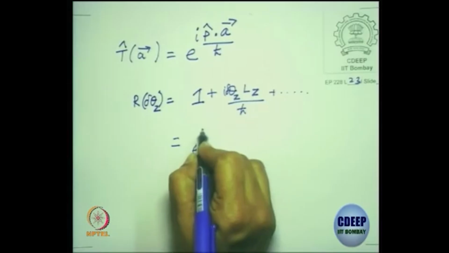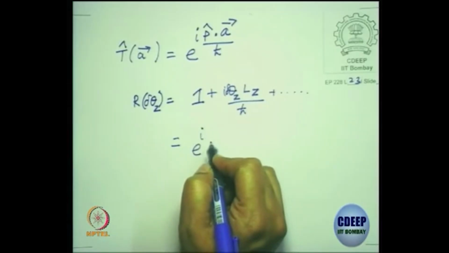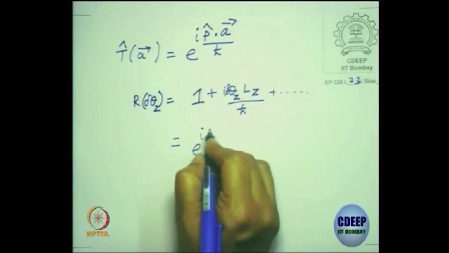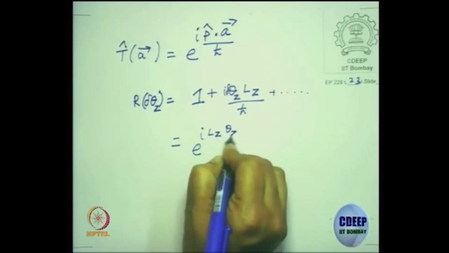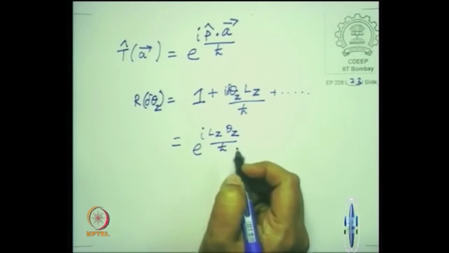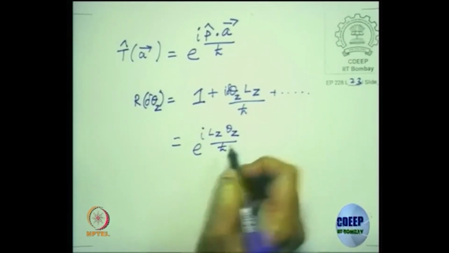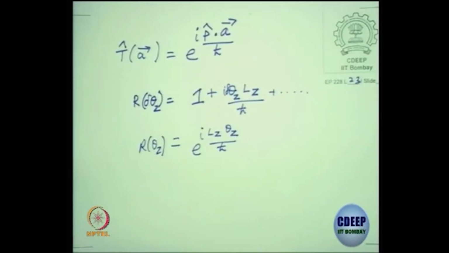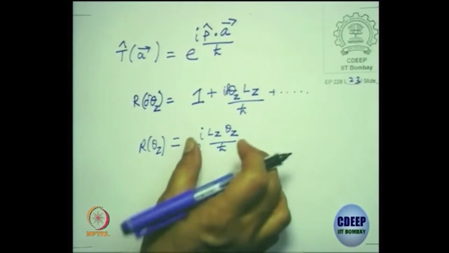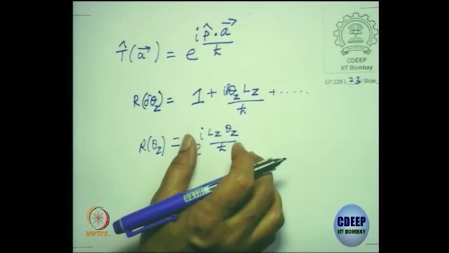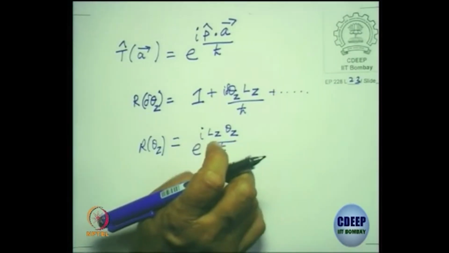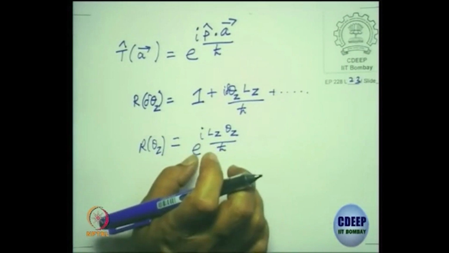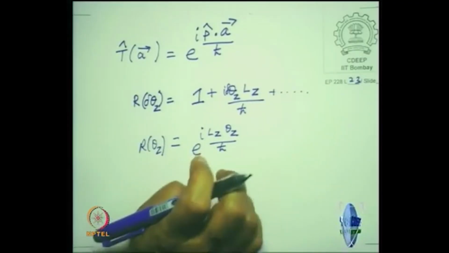Exponential of i Lz theta z by h cross will be for r of theta z. This is rotation in your physical position space.